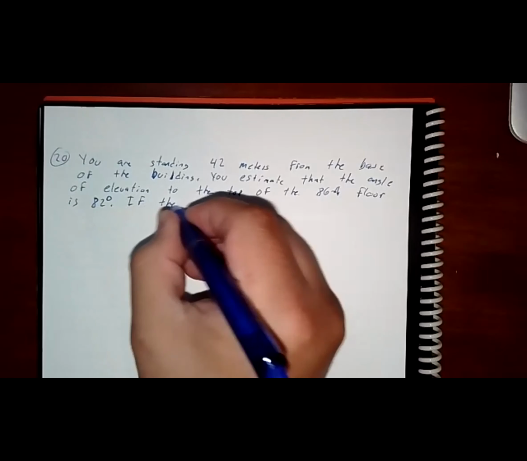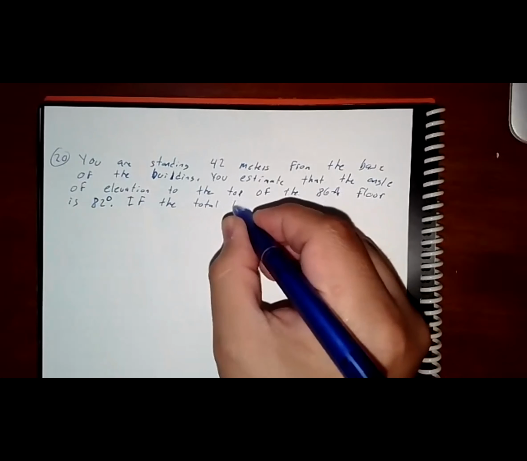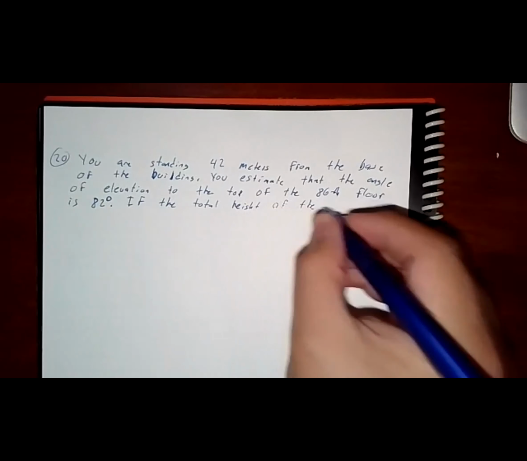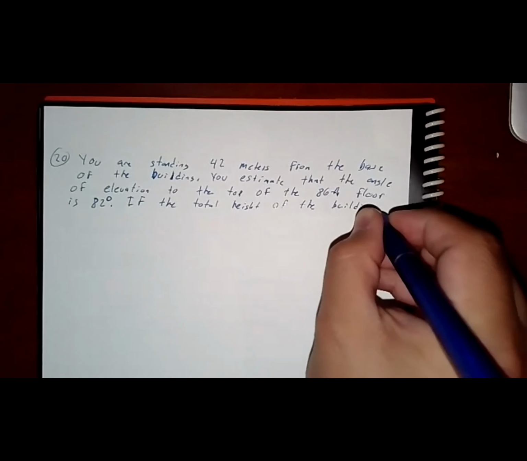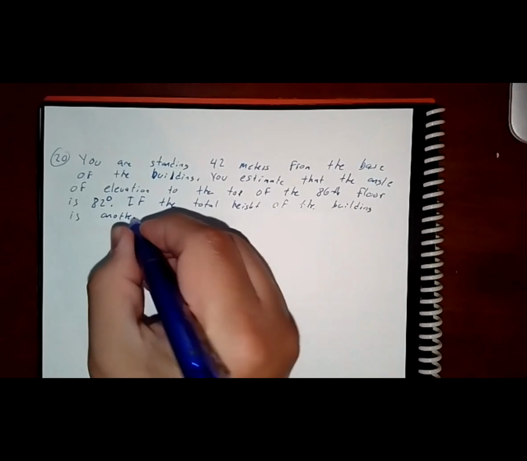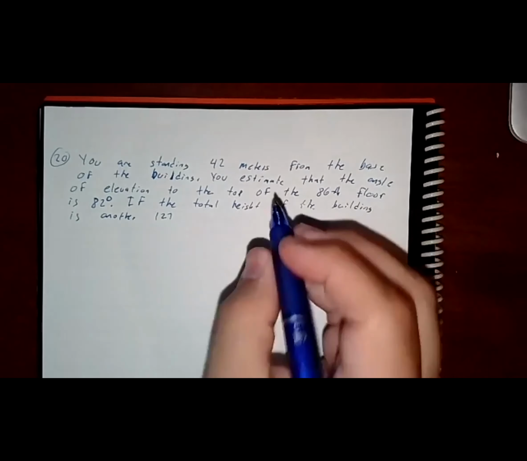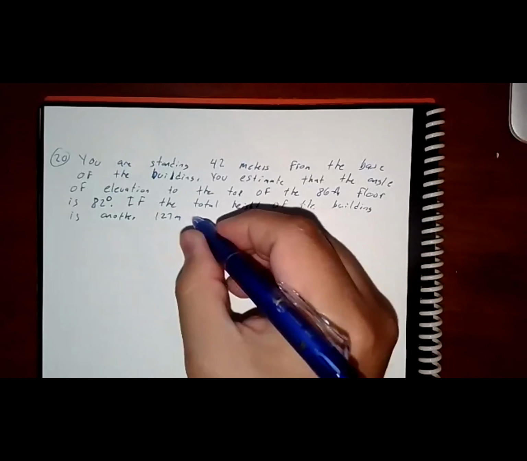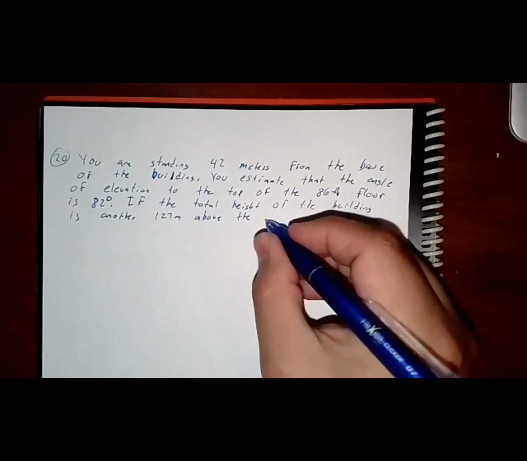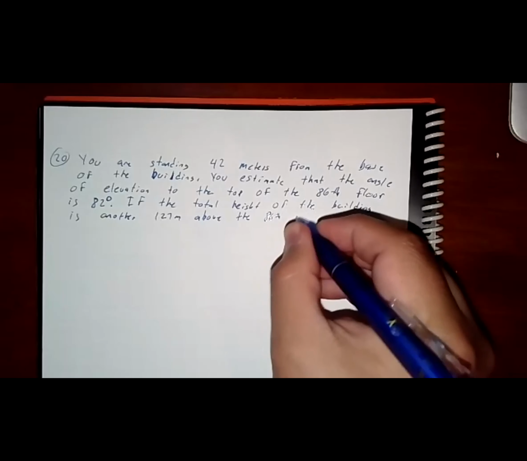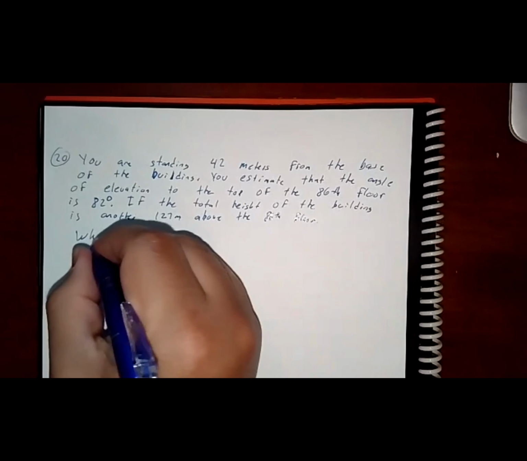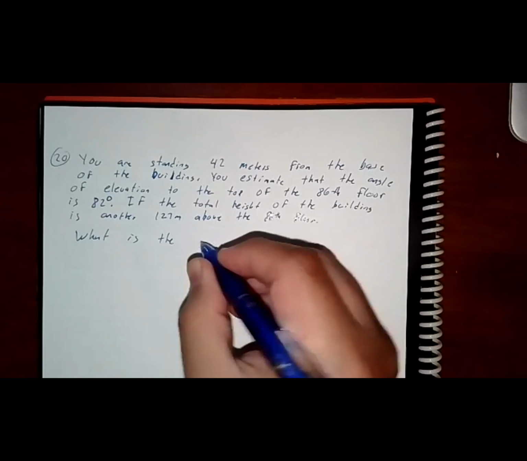If the total height of the building is another 127 meters above the 86th floor, what is the approximate height of the building?